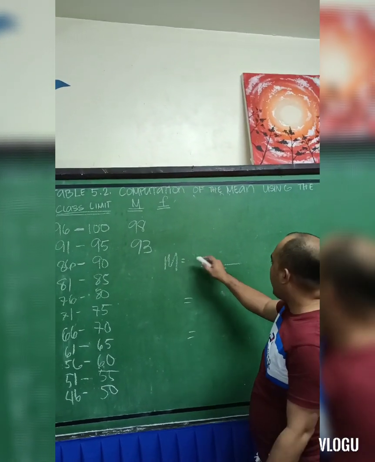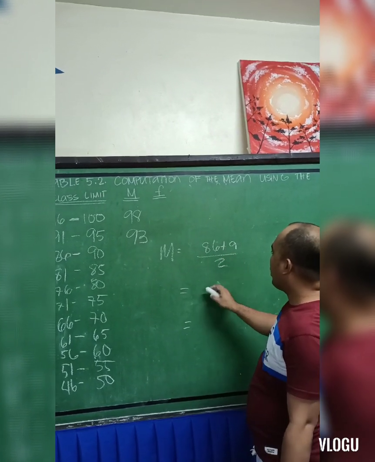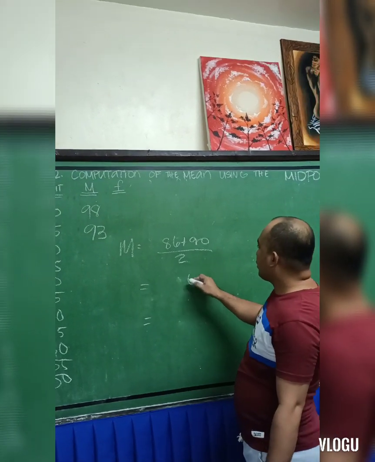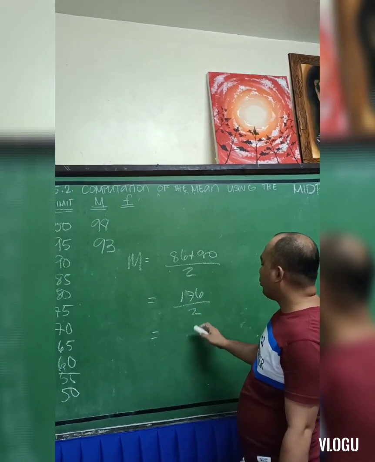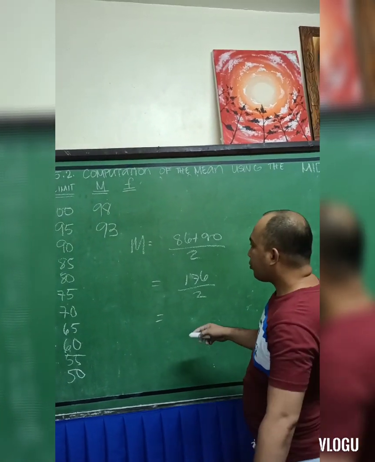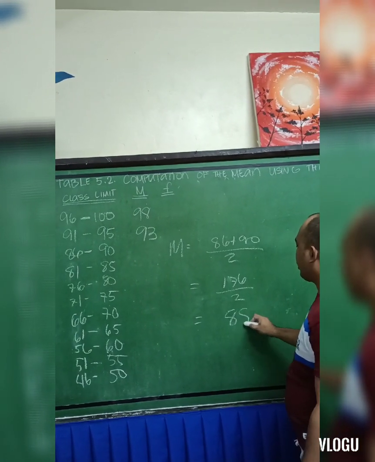Next class limit, 86 plus 90 divided by 2, 176 divided by 2 is equal to 88.